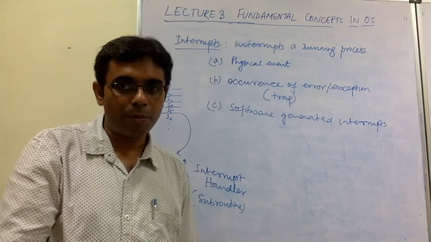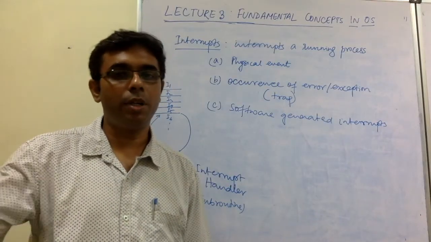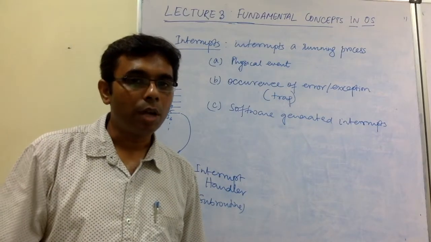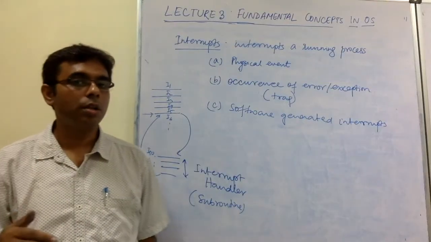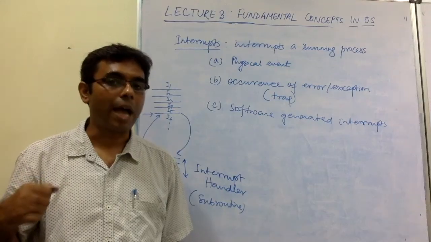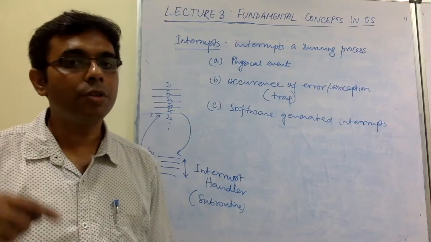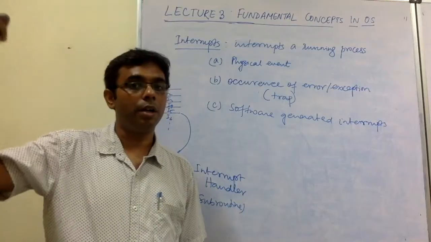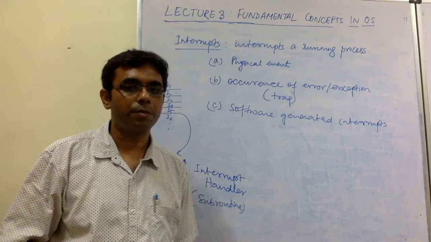During execution of a program, suddenly you come across some instruction called printf, which eventually is nothing but a write system call. When the CPU comes across this kind of instruction, it understands that this is not an instruction of the process, so I have to jump to some other location, where the locations of the kernel are. So that's again an interruption to the normal execution of a process.